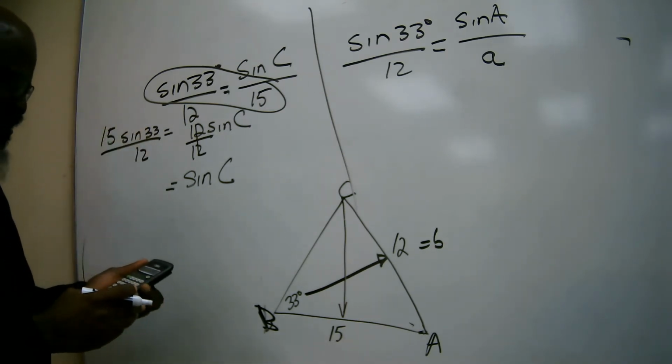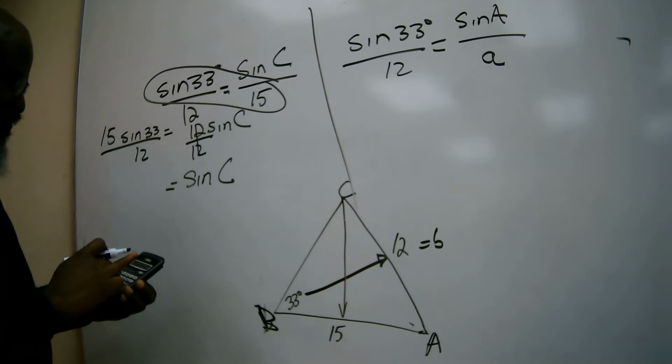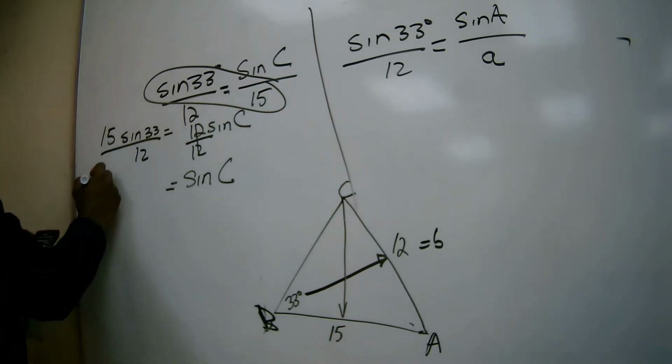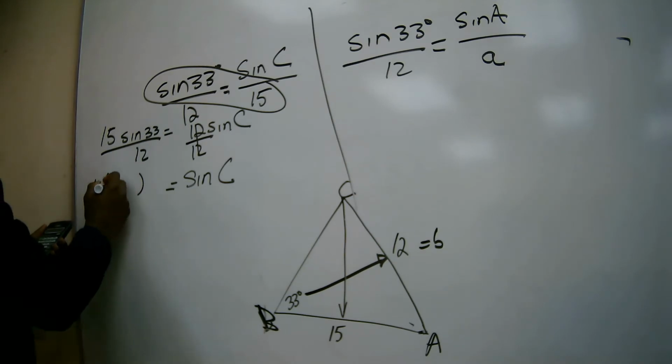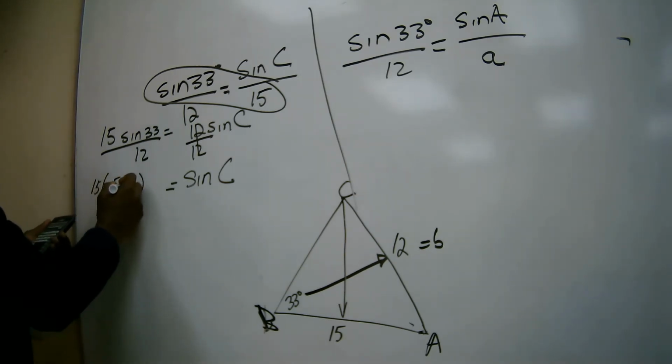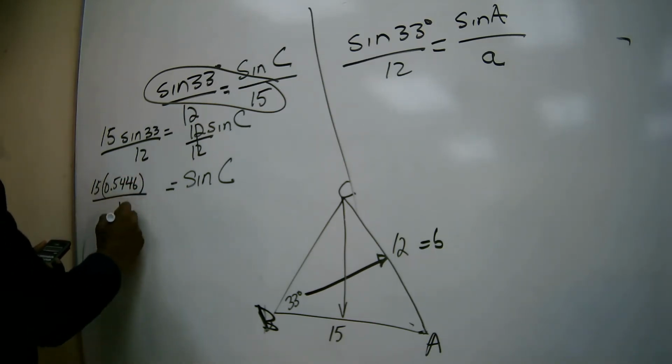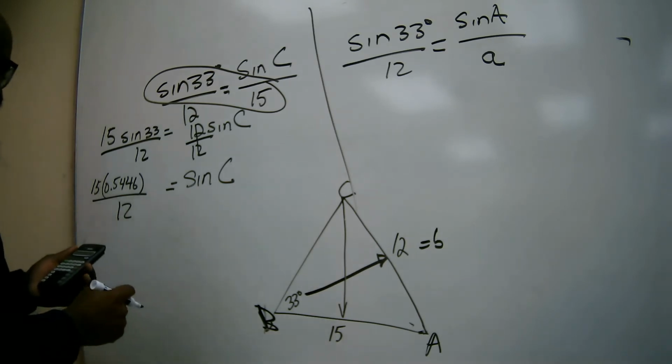Make sure your calculator is in the right mode, you press sine, and that will give you 0.54463.